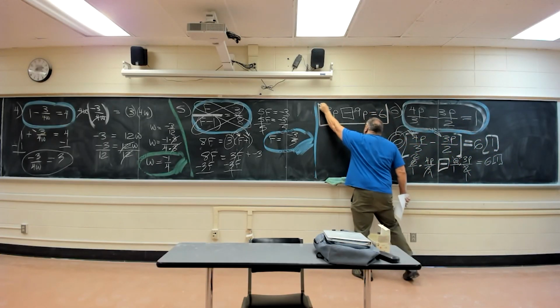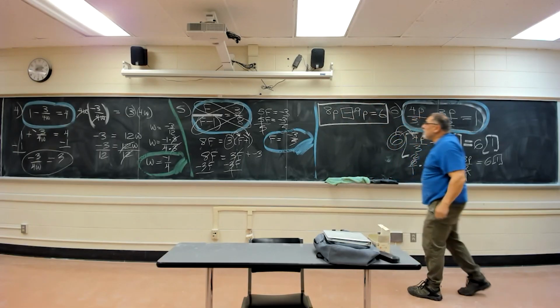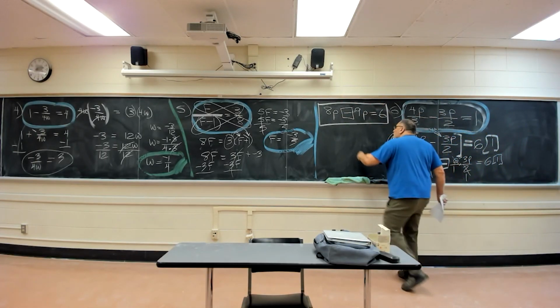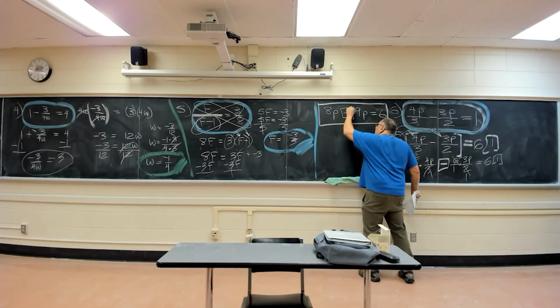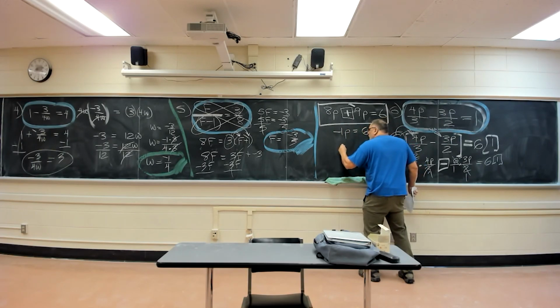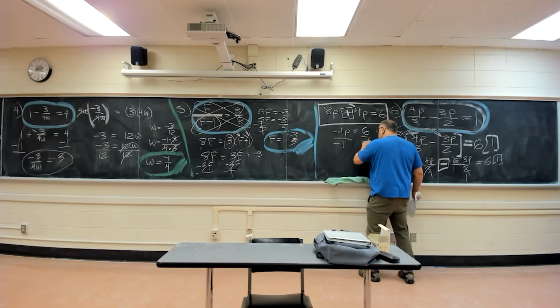There's a lot you can do here. If you get to here, minus this is plus the opposite of that. Negative 9p and positive 8p is negative 1p. Negative 1p equals 6. Divide by negative 1 on each side.